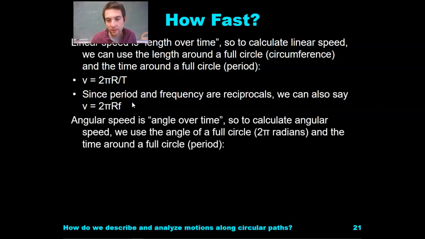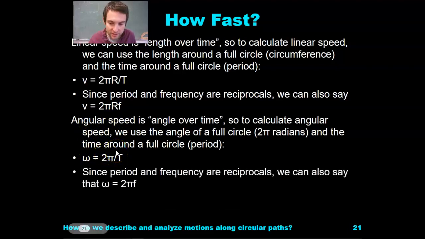Angular speed is angle over time. So to calculate angular speed, we're going to use the angle of a full circle. Remember, there are 2 pi radians in one full circle, and the time around one full circle is called the period. So the angular speed is 2 pi over period.